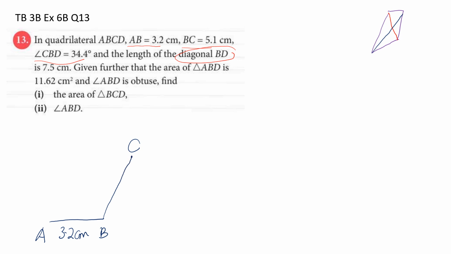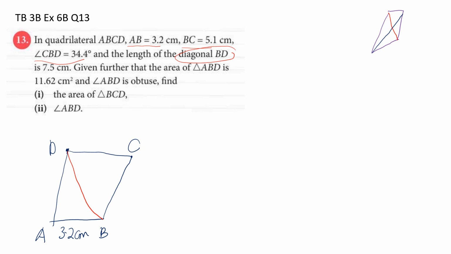If point C is there, then point D definitely has to be somewhere here, because the order is important: A, B, C, and D. So you join all this up to form a quad, and then we can find our diagonal BD. We use a different color to indicate the diagonal. Let's use red. So that is your diagonal.